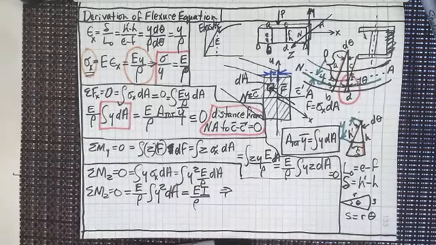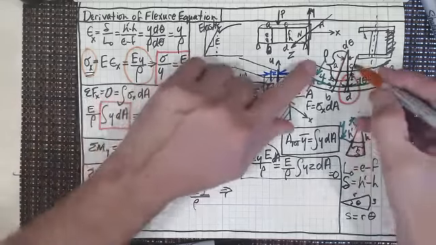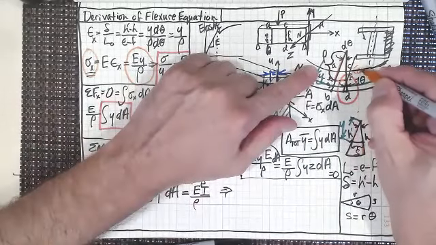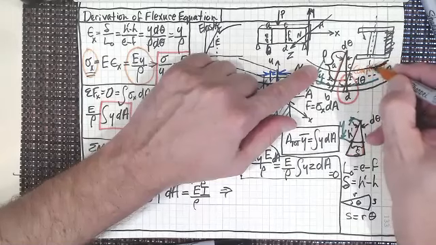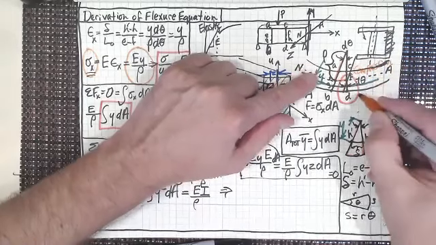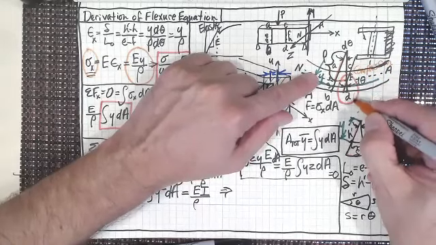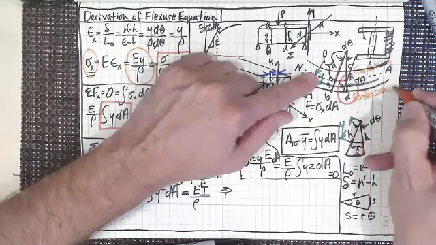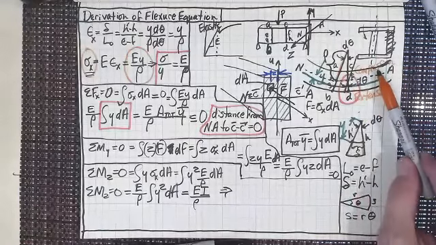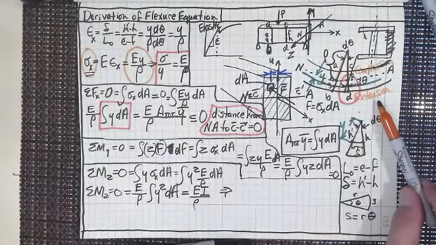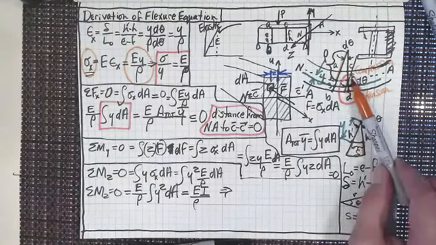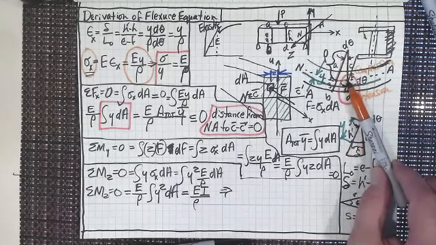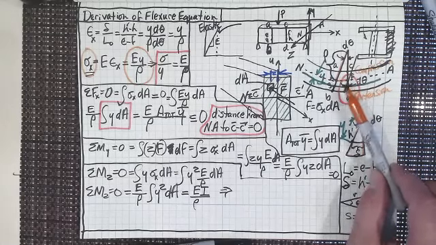So up top, we have compression, and in the bottom, we have extension. What that manifests itself as is compression is a negative stress, extension is a positive stress. Right at the neutral axis, we have no stress, right?